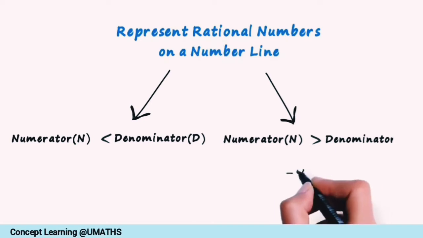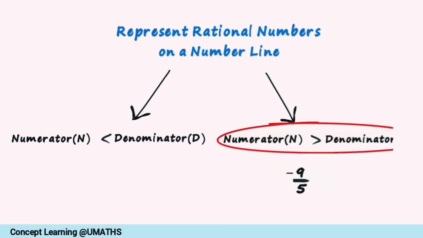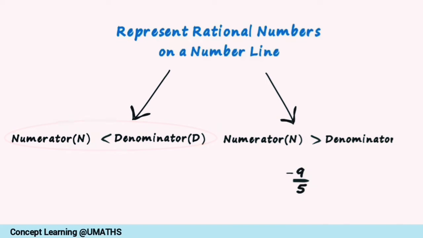For example, if you are plotting minus 9 by 5, we will take 9 as a numerical value, not minus 9. We compare 9 and 5, not minus 9 and 5. So, minus 9 by 5 comes under numerator greater than denominator. Note here we will consider only numerical value in the numerator and denominator, not the sign.